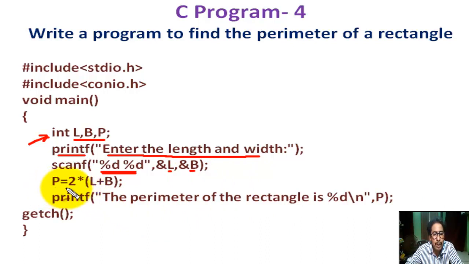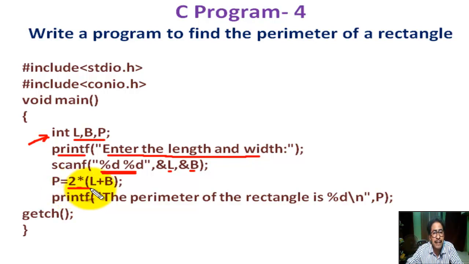Okay, now we write the formula of the perimeter of a rectangle. P equal to 2 asterisk, means into, within bracket L plus B. In C program we use this symbol for multiplication.